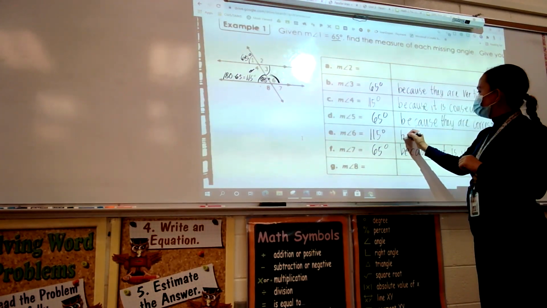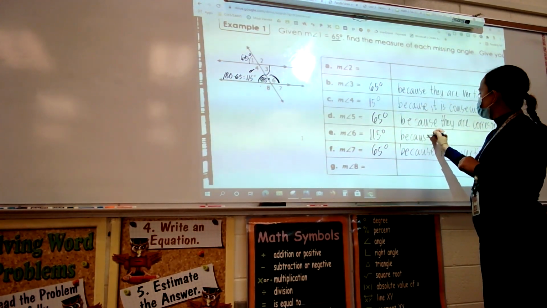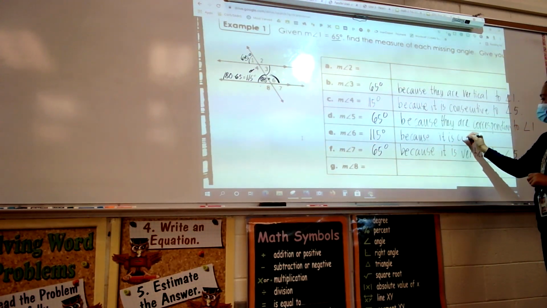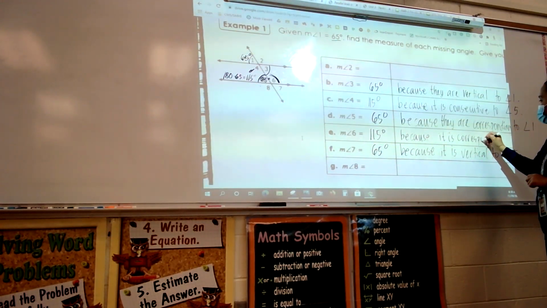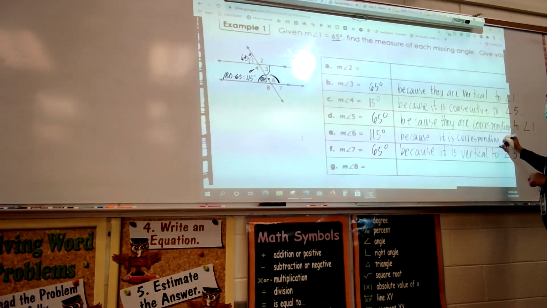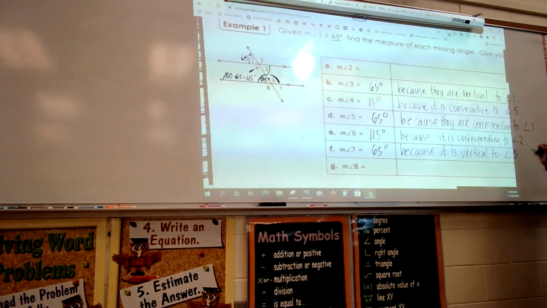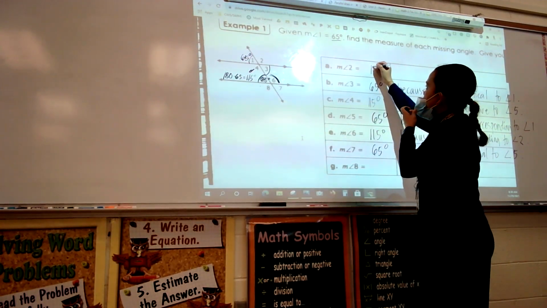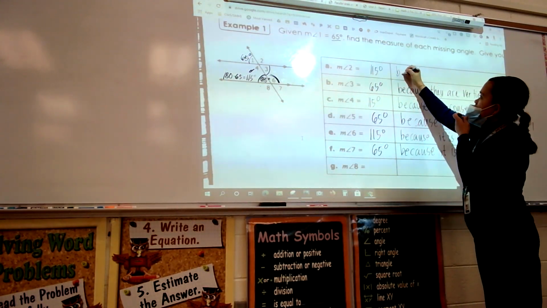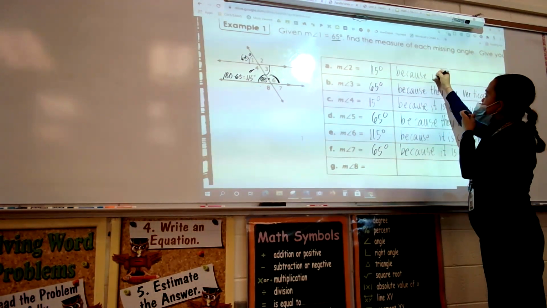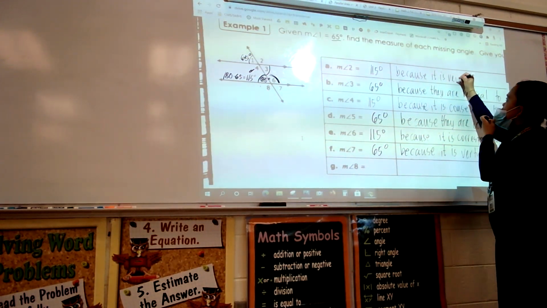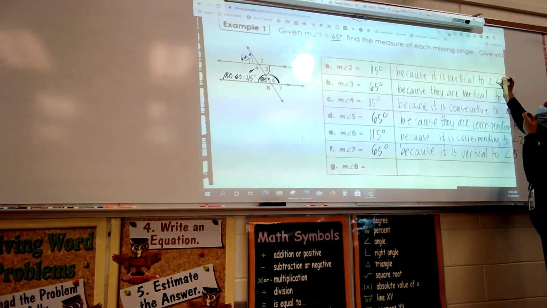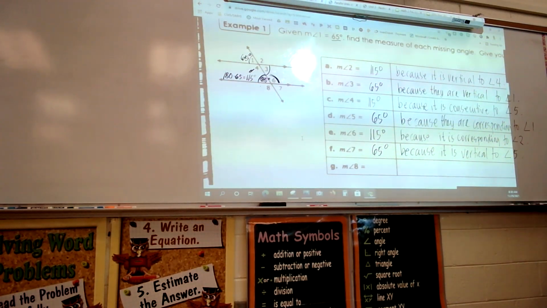Okay, so I'll take Carter's answer because it is corresponding to angle 2. So therefore, angle 2 is 115 because it is vertical to angle 4.